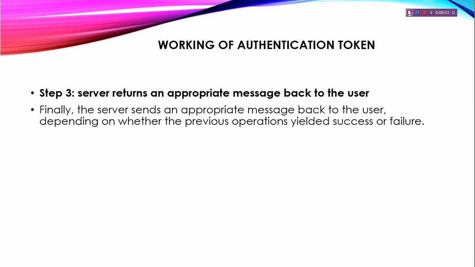Means after validating, the server returns the appropriate message to the user. This is the function of the authentication token. Every time it generates an OTP, the user sends the user ID and OTP to the server. Then the server first calls a program that retrieves the seed from the user database.